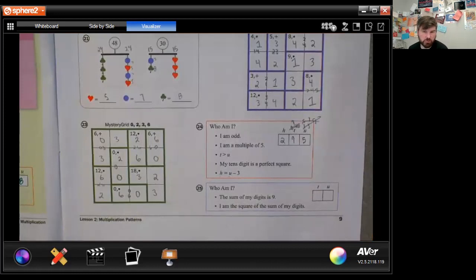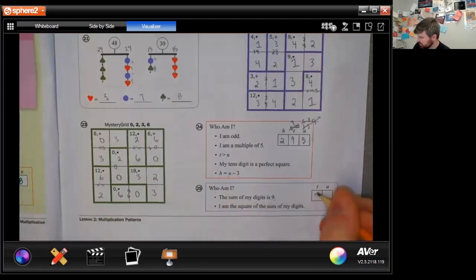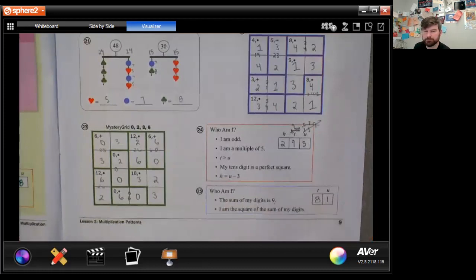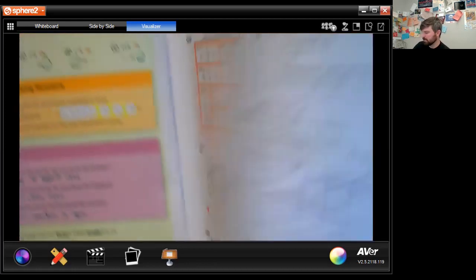The sum of my digits is 9. The square of 9 is 81. 9 squared equals 81. So that's what it is. Okay, 26 here.